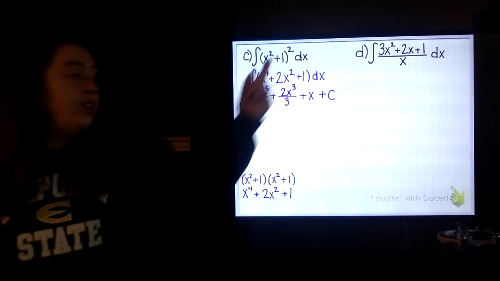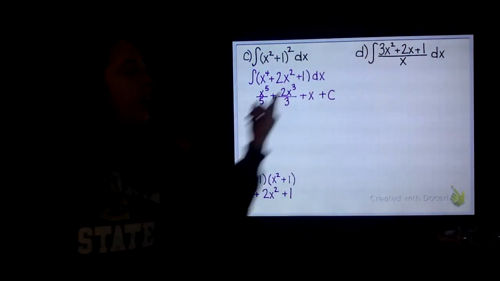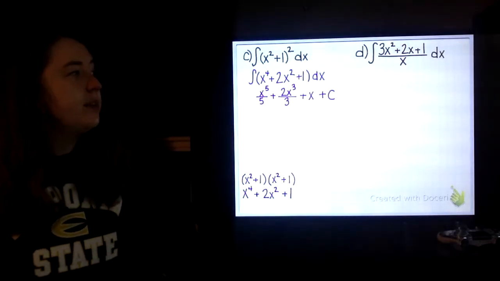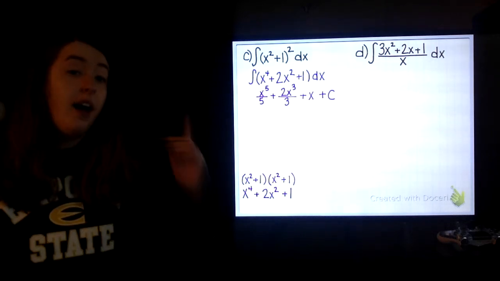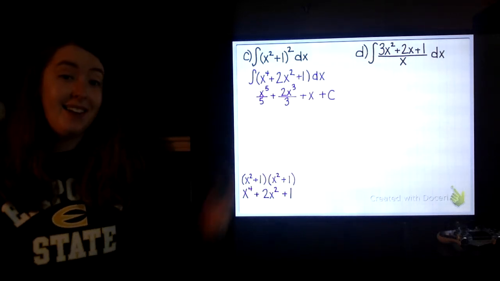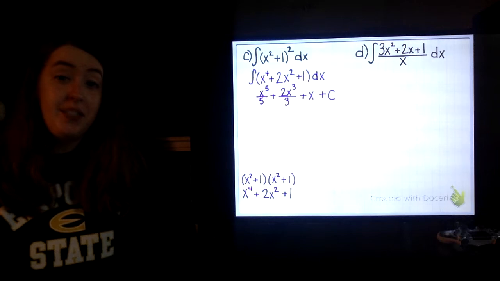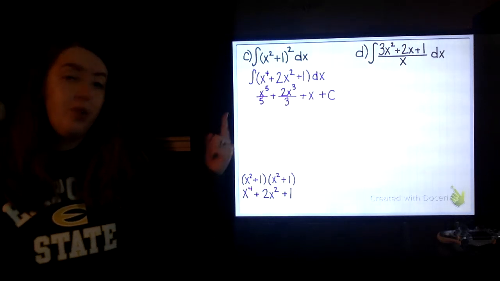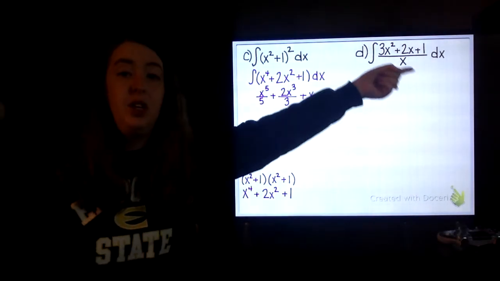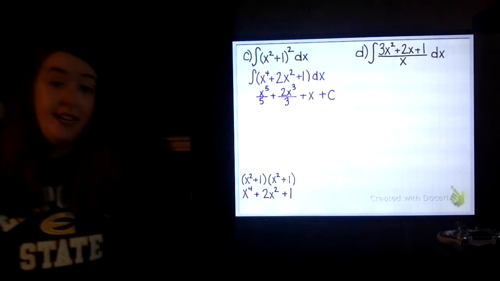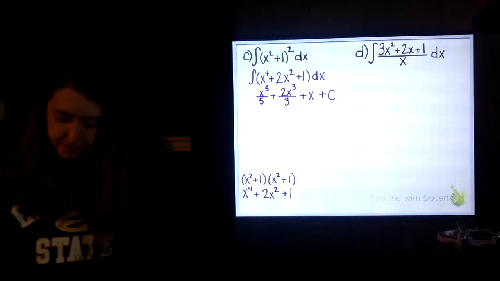So this whole polynomial, 3x squared plus 2x plus 1, that's all being divided by x. So if we wanted to simplify this, we can divide each of these terms by x to rewrite it. So let's go ahead and do that.